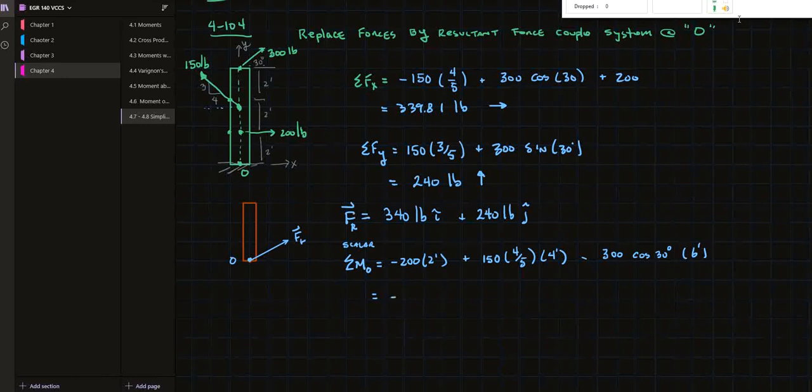This is going to equal minus 1478.85 foot-pounds, or 1479 negative. It's going to be in this direction. So this will occur over here. That's it.